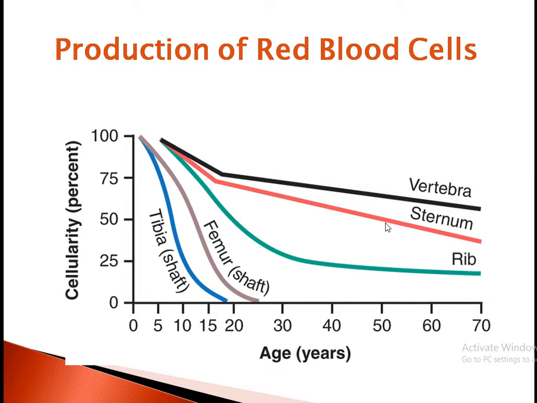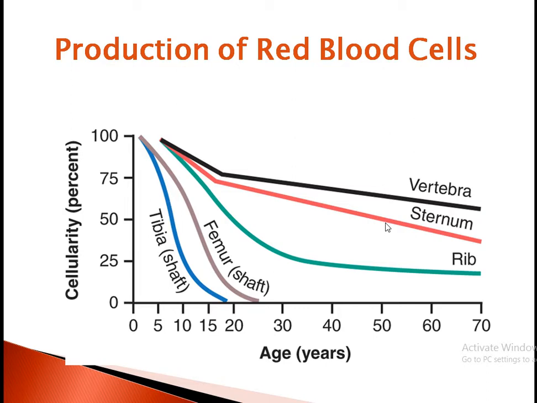In the early weeks of embryonic life, primitive nucleated RBCs are produced in the yolk sac. During the middle trimester of gestation, the liver is the main organ for the production of RBC, but reasonable numbers are also produced in the spleen and lymph nodes. Then, during the last month or so of gestation and afterward, RBC are produced mainly in the bone marrow.